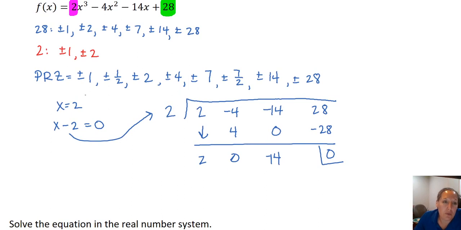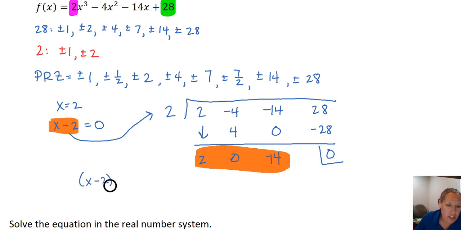So what we have done is we have one of our factors here in x minus 2, and our other factor is represented by the coefficients that are left as part of our quotient. So we have partially factored our function to x minus 2 times, remember, the number closest to our remainder is going to be our constant, and then we get an x and an x squared.